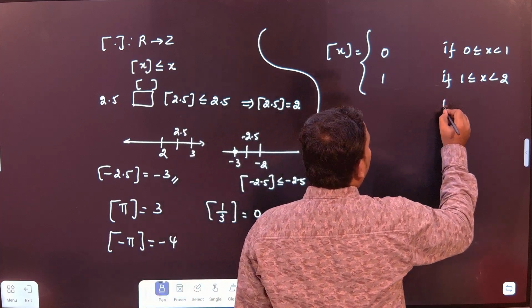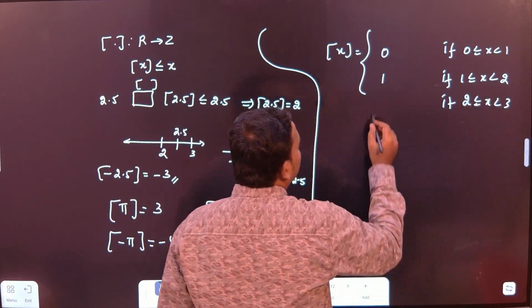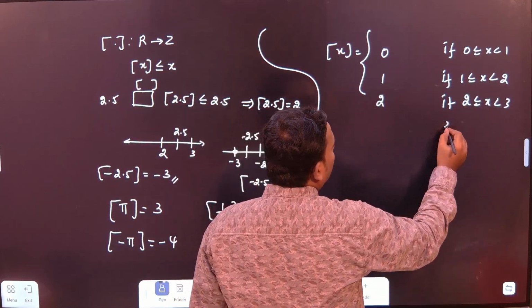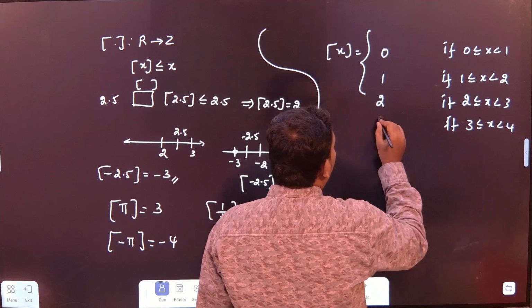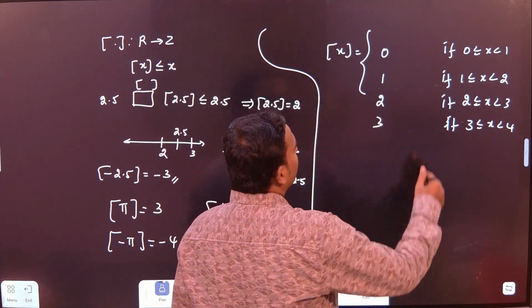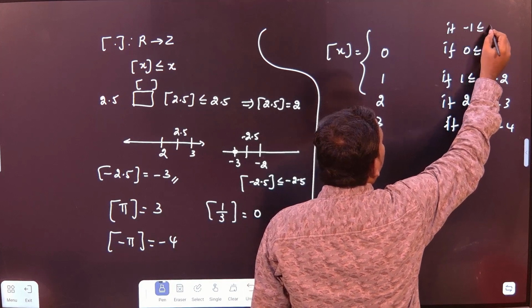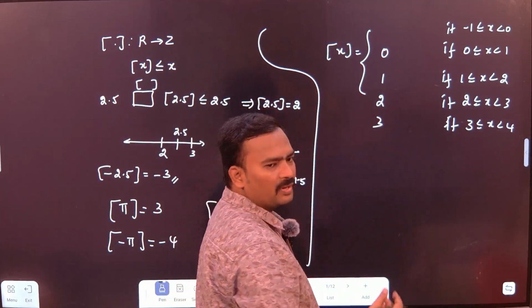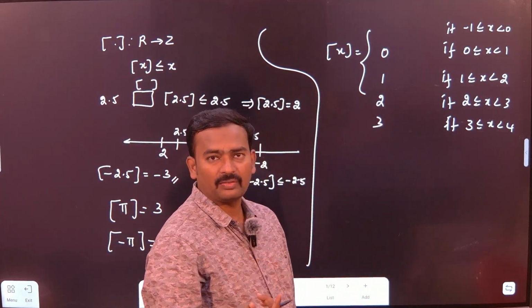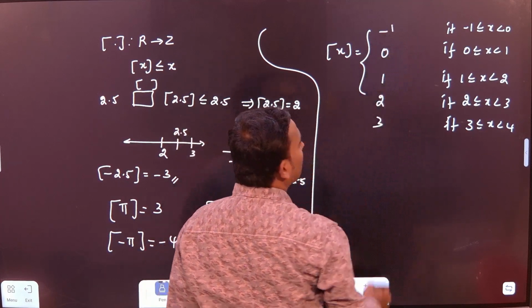Next, if I take 2 included, less than 3, that is 2. The same way, 3 included, less than 4, that is 3. Clear? So if I take minus 1 included, less than x, less than 0, for example minus 0.5, the greatest integer is what? Minus 1. I hope everyone understood, right?